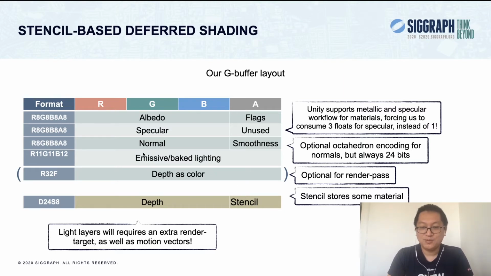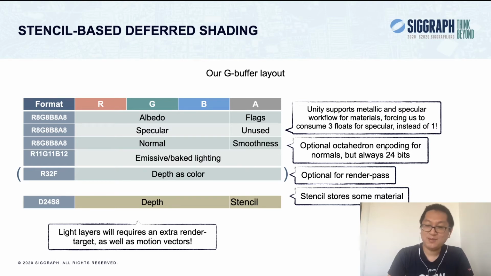The normals can be encoded using the octahedron encoding, so it's always 34 bits. Although it's optional, because it can be more expensive if you're running on mobile GPUs.